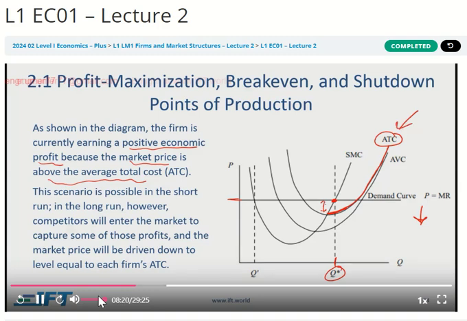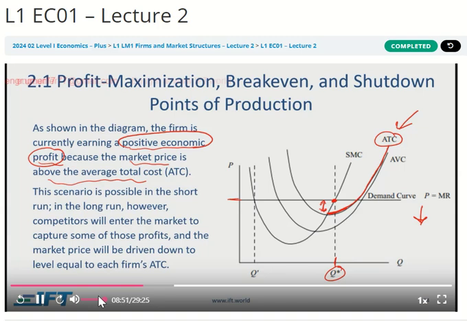Therefore, that means the profit that is being made, the price that is being charged per unit is more than the average total cost. And if the average total cost already includes a justifiable profit for your providers of capital, then there is more than normal profit being created, and that we call positive economic profit.